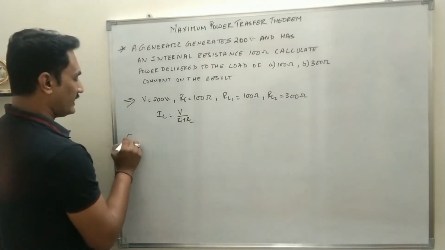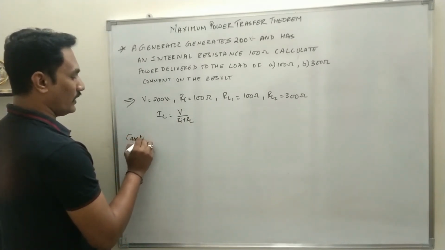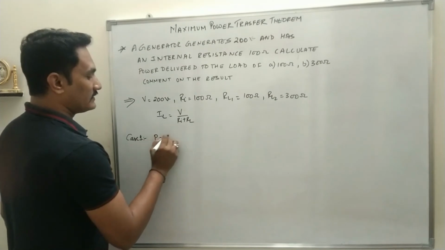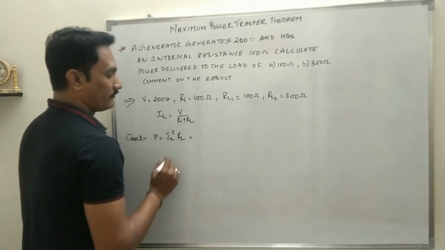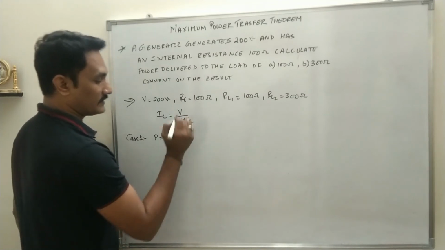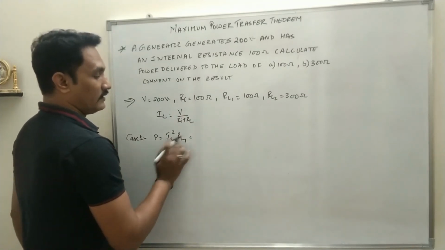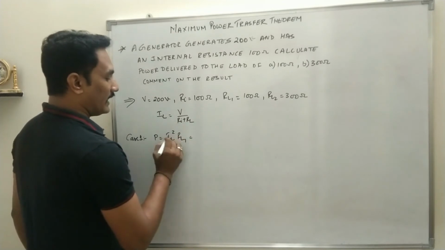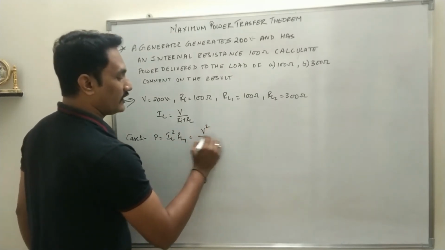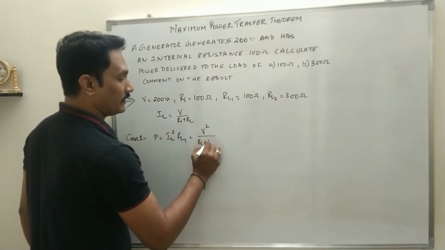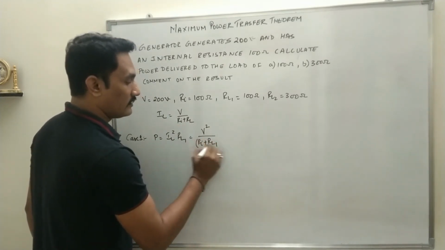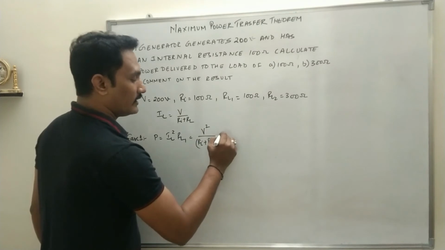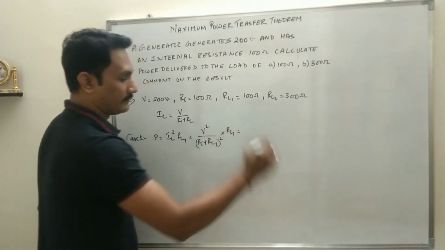Okay, so case 1, right? Case 1, P is IL square into RL. I will specify here as RL1, right? So IL square means V square upon (Ri plus, in case 1 it will be RL1) whole square, multiplied by RL1, right?